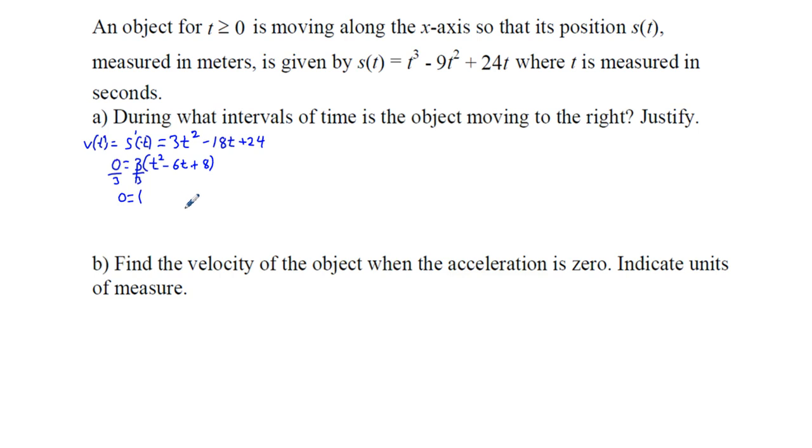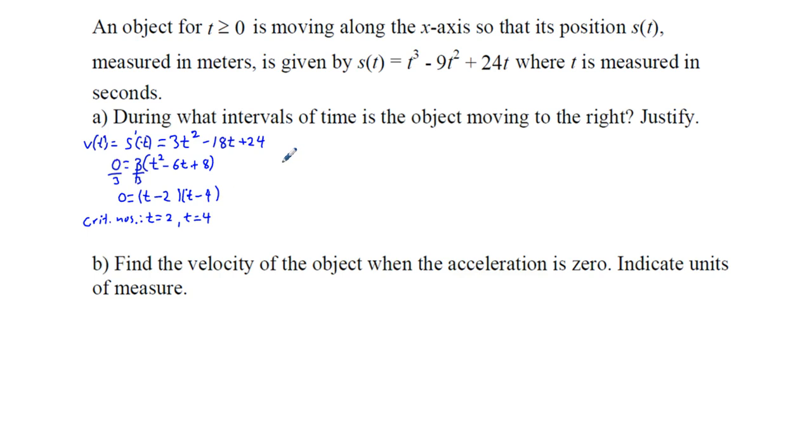And factoring this quadratic trinomial into 2 binomials, we have t here, and we're going to have a minus, minus, and then that's going to be, I believe, a 2 and a 4. And so we have left our critical numbers are going to be t equals 2 and also t equals 4.